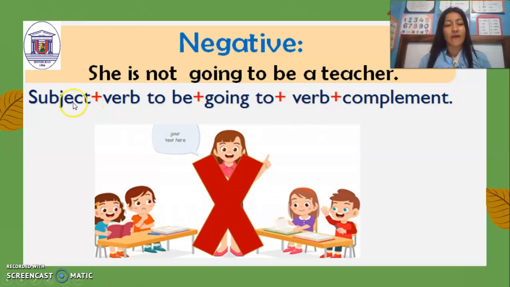Subject, in this case she, plus the verb to be, is, plus going to, plus the verb, in this case be, plus the complement. Remember, here we have is, but because it's negative, you need to write not. She is not going to be a teacher in the future.